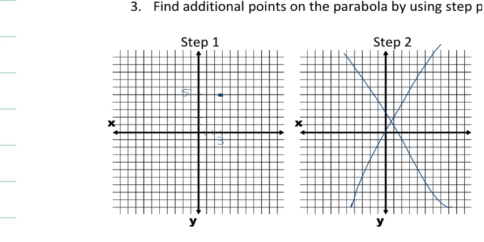Okay. So I have the point (3, 5). Now, where do I go from there? I have to go down 4. So I'm going to count 1, 2, 3, 4 down, and 1 over, right? I have to do the same thing to the other side. So from that same point, the vertex, I'm going to go down 4 to the left one, so I can locate my symmetrical points.